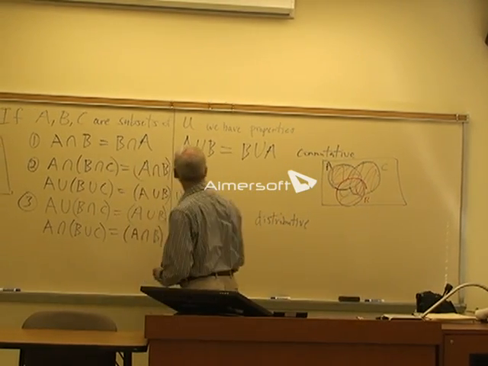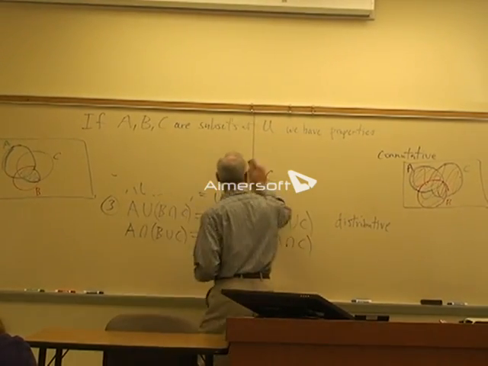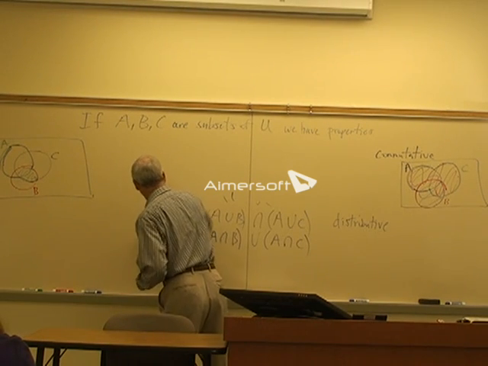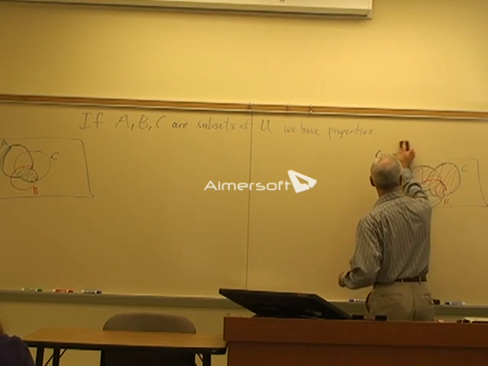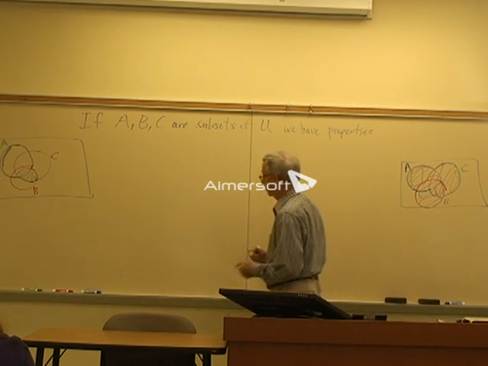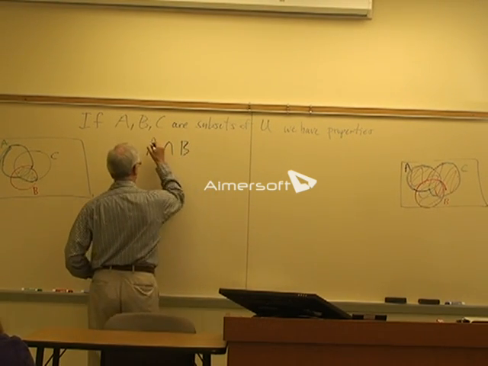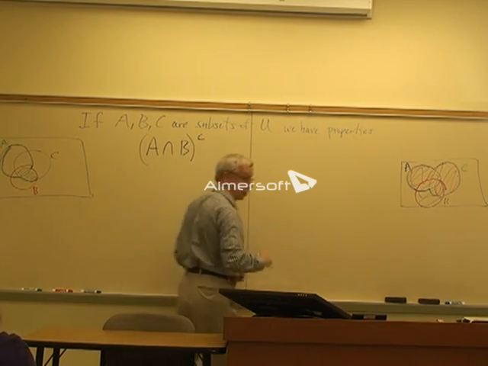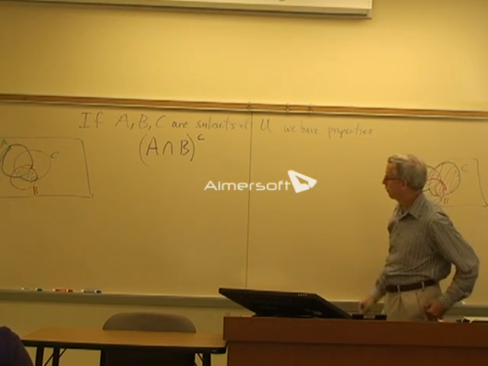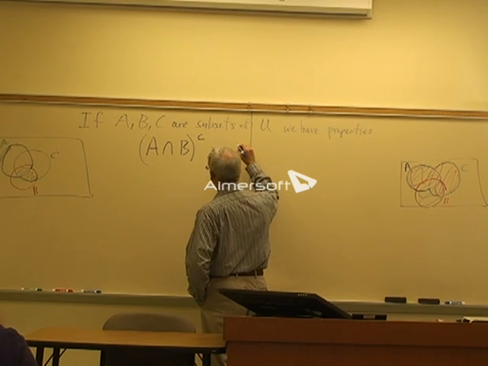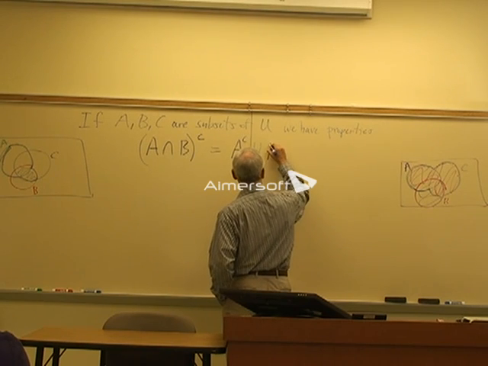Two more important rules of set algebra. If I take the complement of the intersection of two sets, it turns out what I get is the complement union the complement.